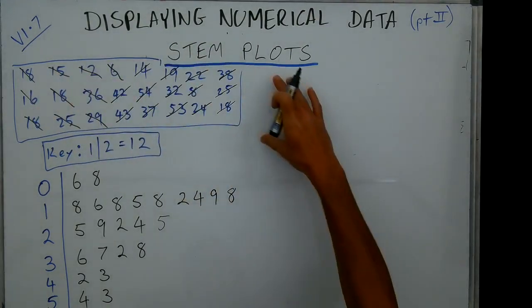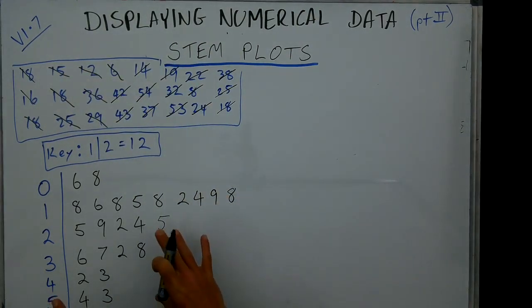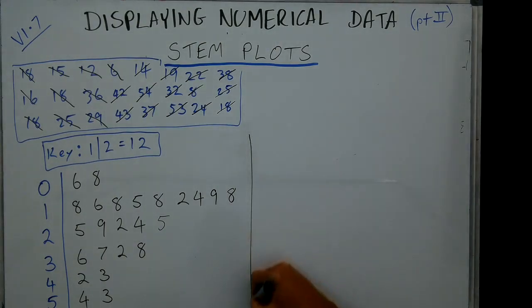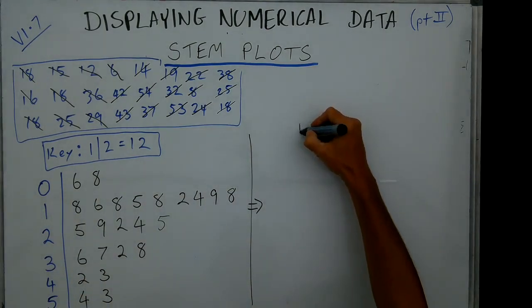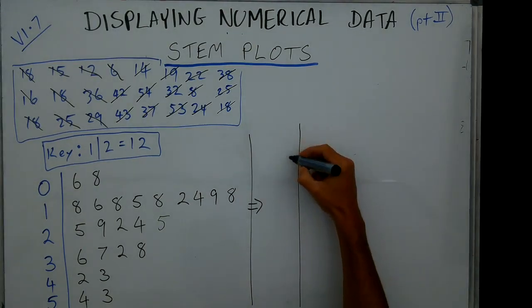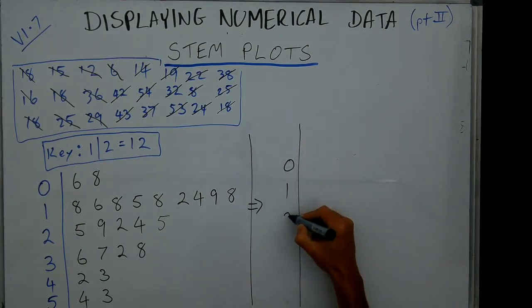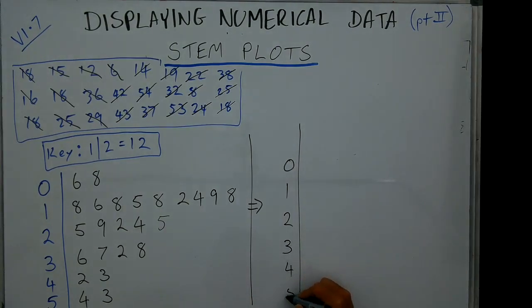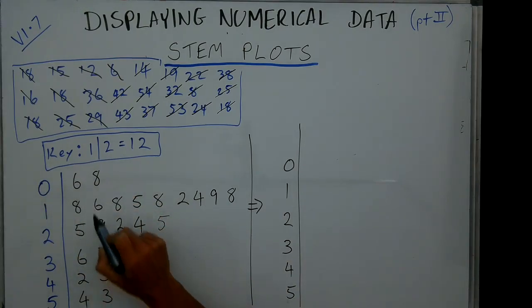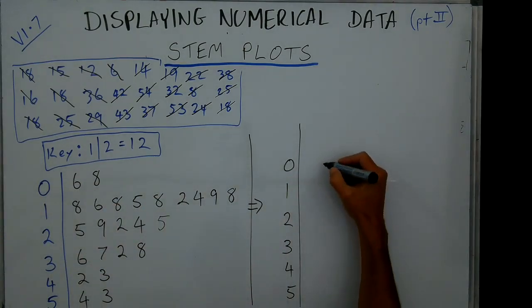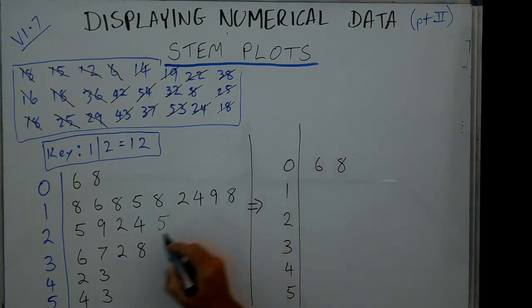Okay, so I've taken all the data, I've just thrown it into whatever group it belongs in, but it's not actually ordered from smallest to largest. So what I'm going to do is rewrite all this over here. Same groupings, 0, 1, 2. But as I go through each column, I'm just going to reorder them. Well, this one's already done, from smallest to largest. 6, 7, 8.